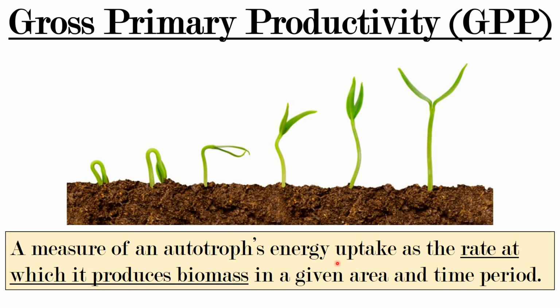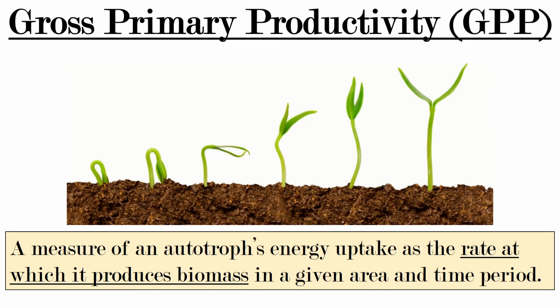It's a bit of a mouthful, but a simple way to think of it: if you think about grass and various other plants, they're going to be growing more in the summer, so their gross primary productivity is going to be higher during the summer. If it was their GPP during the winter, then that would be much lower.